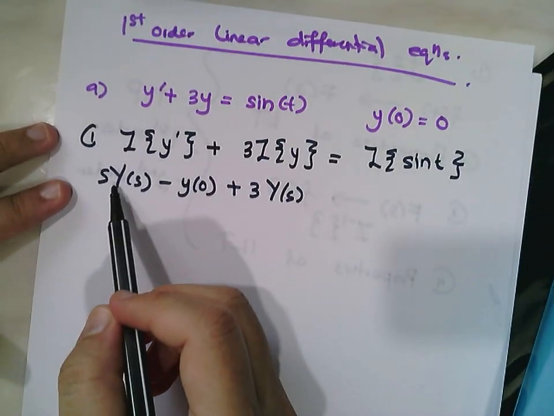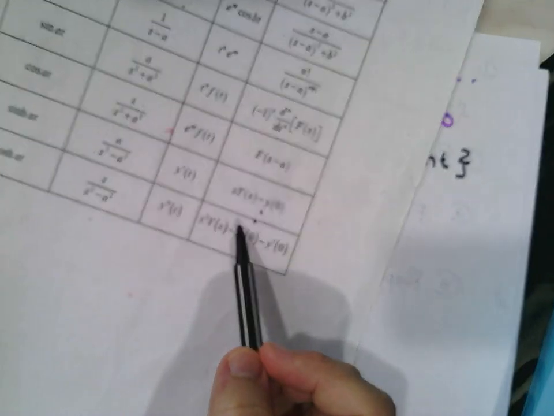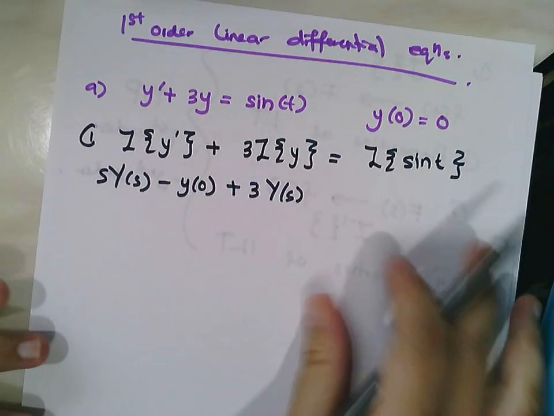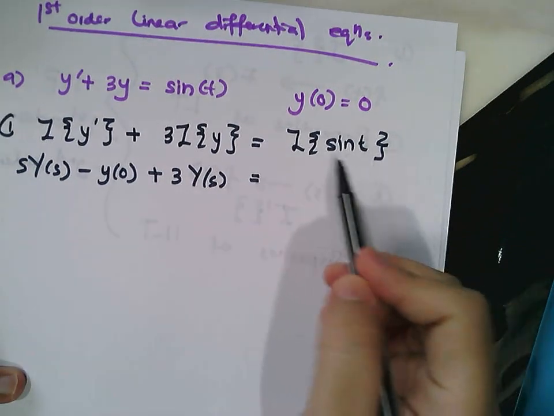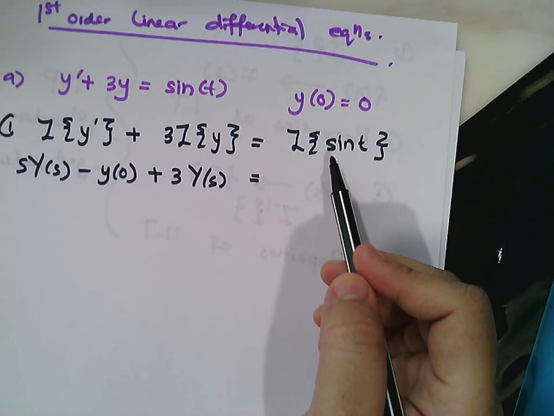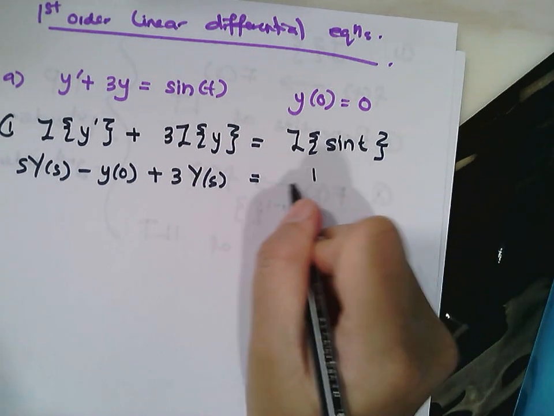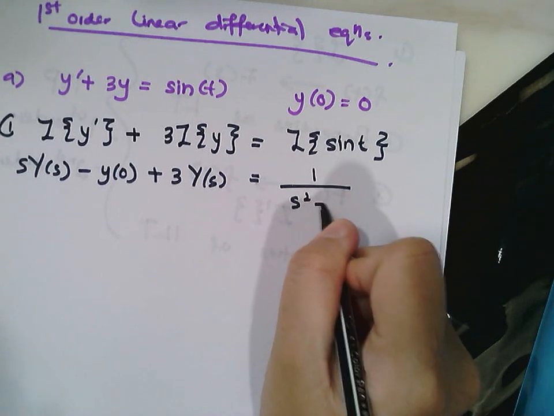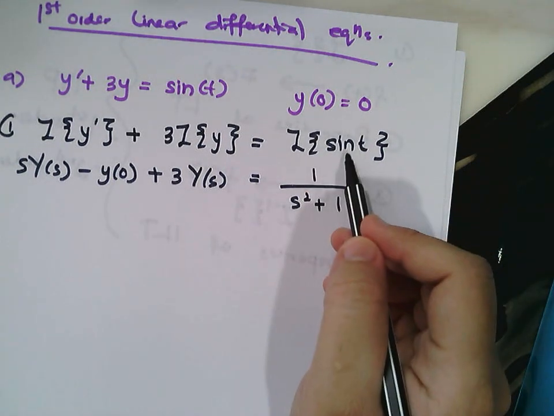And also for this one, you need to follow what's given to you in the table of Laplace transform. So settle with the left hand side. This one is equal to, so what is Laplace of sin t? By looking at the table of Laplace transform, you will have 1/(s^2 + 1). You should by now be able to find the Laplace of this one.